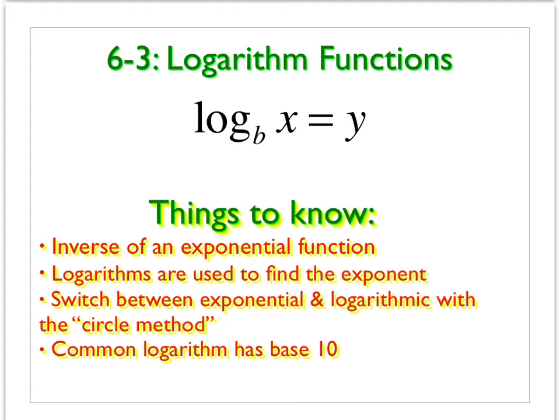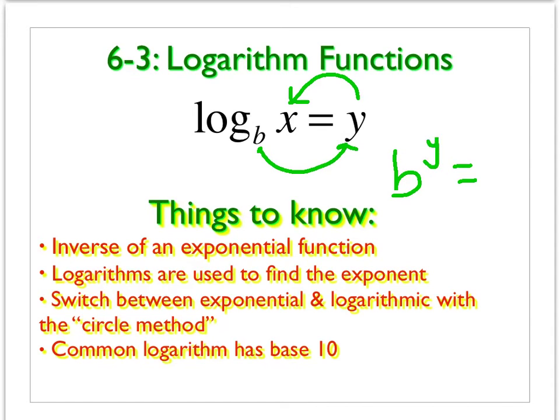Okay? So, you should recall from last year, and if you don't, it's no big deal because you're going to see it right now. If you want to turn a logarithmic function into an exponential function, you do the circle method. Start with the base and say b to the y equals x.